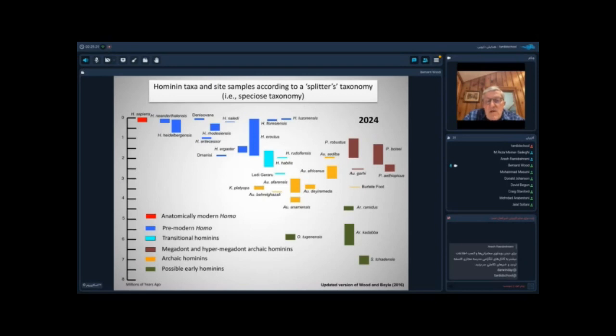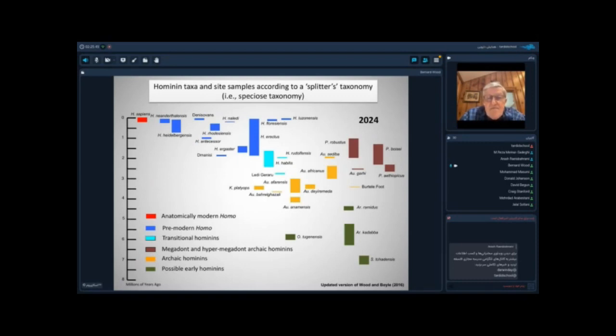The ones that are the orange color and the brown color, these are extinct hominins that have very large postcanine or chewing teeth. And the green ones at the bottom are taxa that have been suggested that might be the first hominin, the earliest hominin.